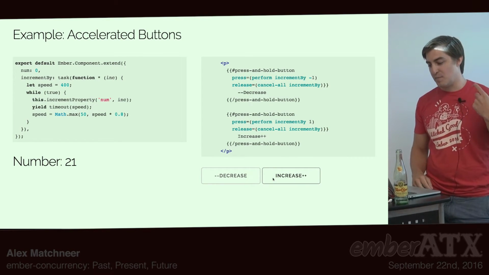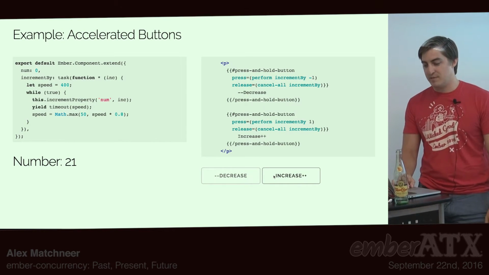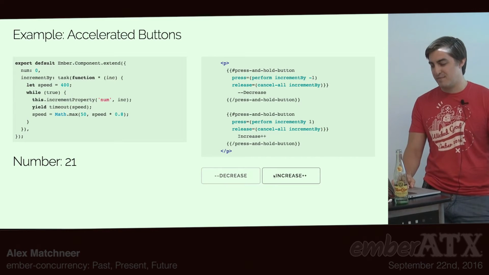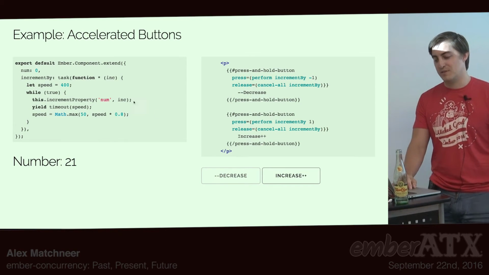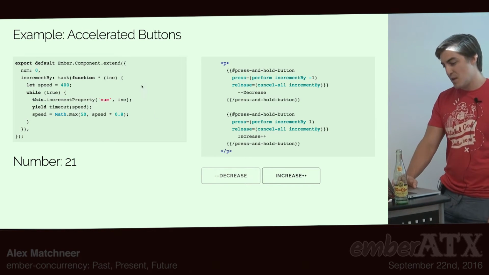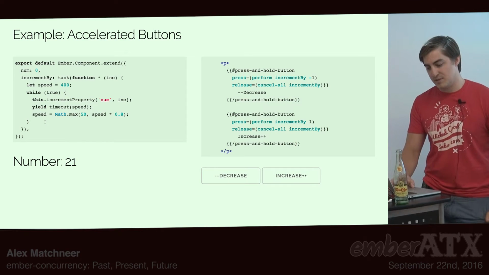Chances are, if you've been doing JavaScript and Ember development, you could probably figure out how to do it, but it's not nice to look at. It's recursive in a very unusual way, and then you also have to deal with cancellation, all this stuff. But this is how you would write it in the generator function syntax that Ember Concurrency uses.